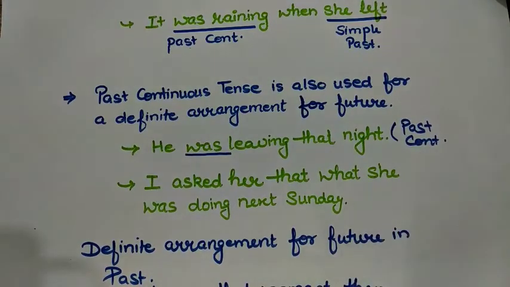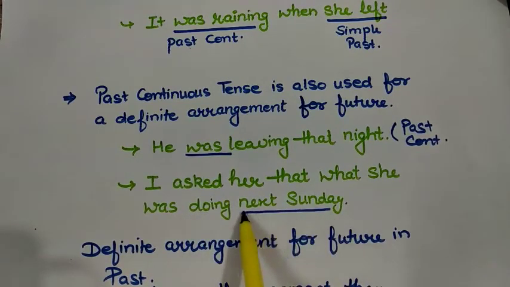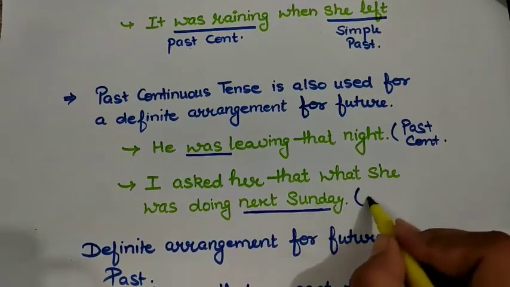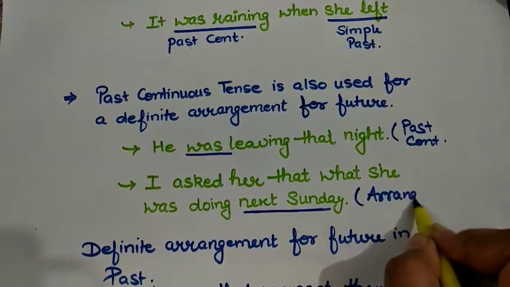See one more example. I asked her what she was doing next Sunday. Now, we can see that next Sunday is representing an arrangement for the future.